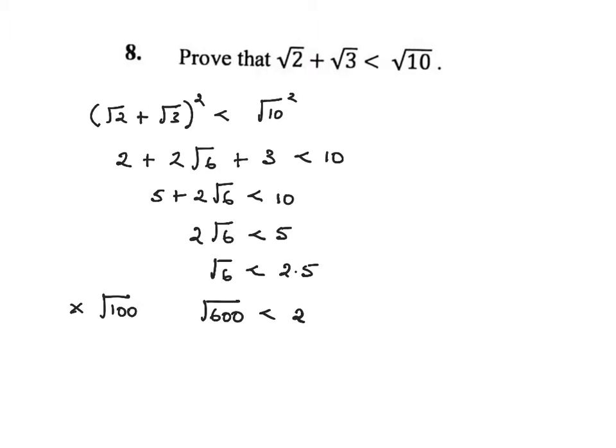Now, we know that, at least we should know that, the root of 625 is equal to 25. So the root of 600 then must be less than 25.